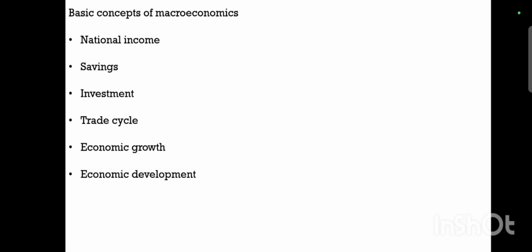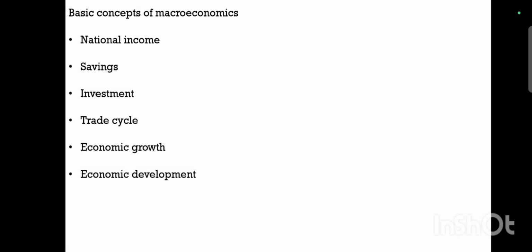Fifth is economic growth. The term economic growth has a quantitative dimension. In simple words, economic growth means an increase in the real national income of the country over a long period of time. Last is economic development. Economic development is a wider term than economic growth. Economic development has a qualitative dimension.